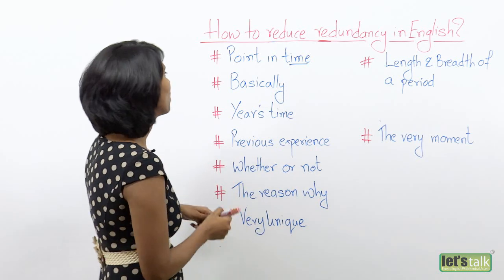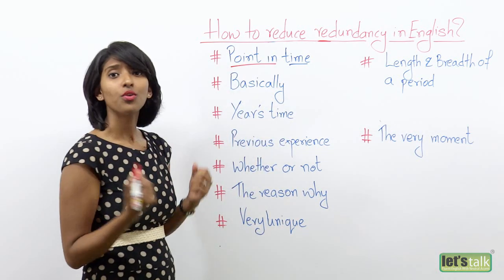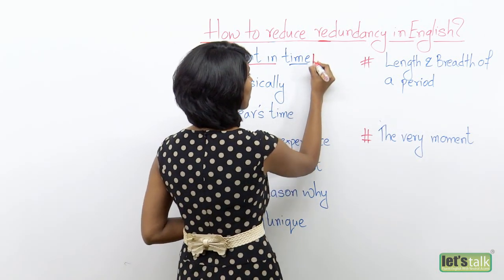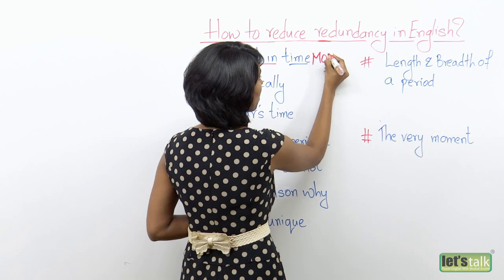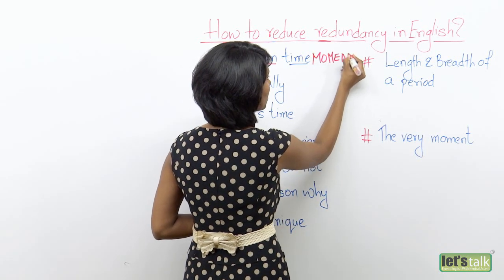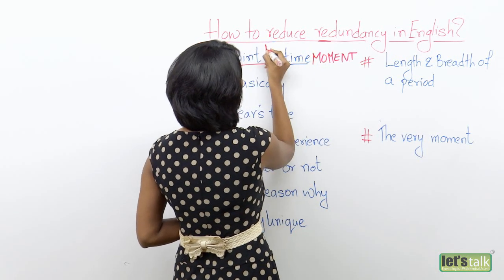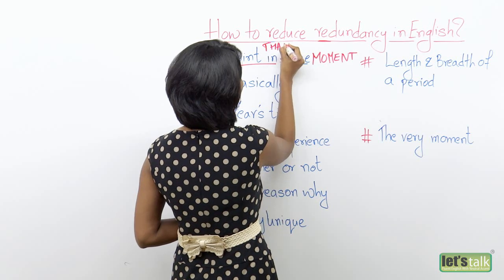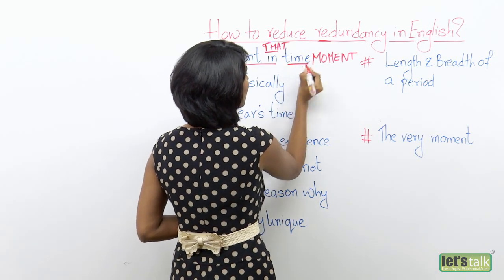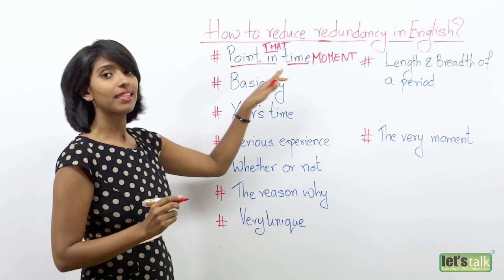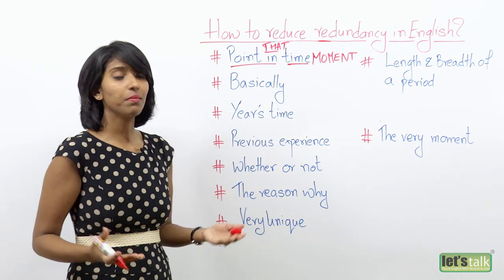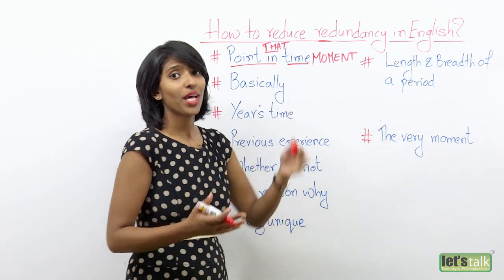You don't need the point in time. You can either say at that moment or at that time. This is good enough. At that time or at this time, at that moment or at this moment.